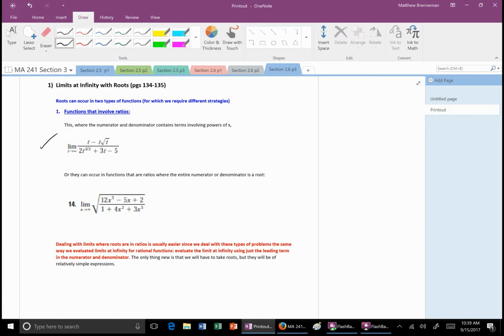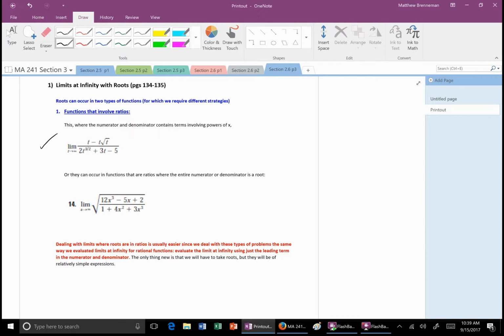Okay, so when I look at the numerator and the denominator, what's the leading term in the numerator? What's the power of this term right here? 1.